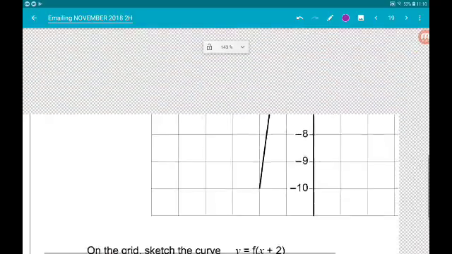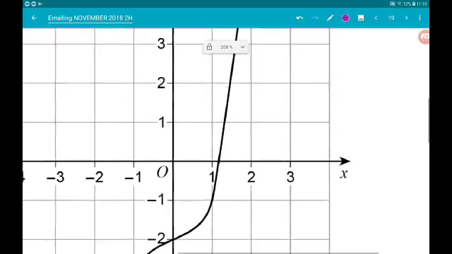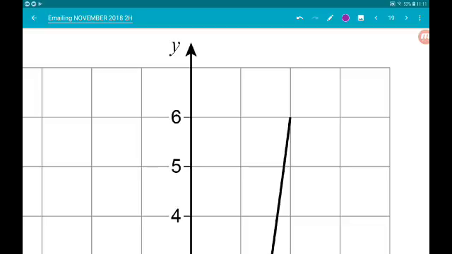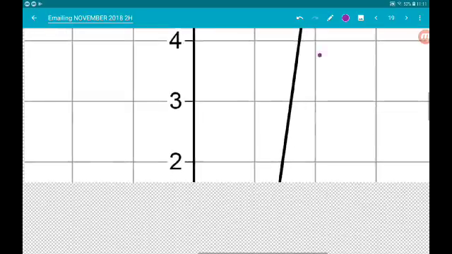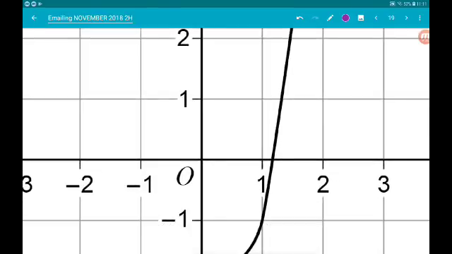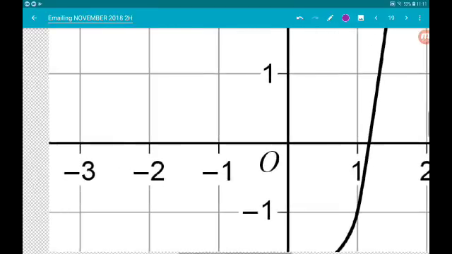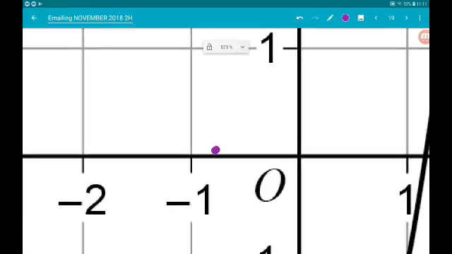So all that we need to do is make sure the scale is nice, so it is every 1 square just represents 1, and every point just moves 2 places left. So just make sure you put all of the important ones in. So we got that one, and then we got, guess we can put the x-intercept in, so that's just going to be to the right of -1.